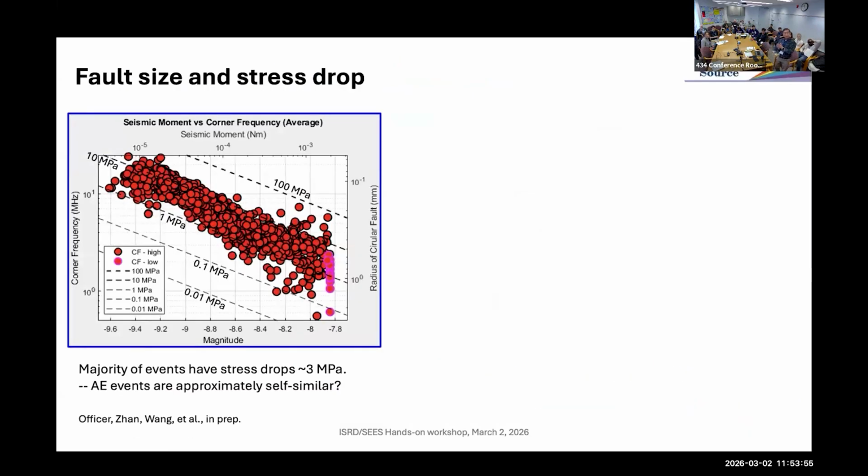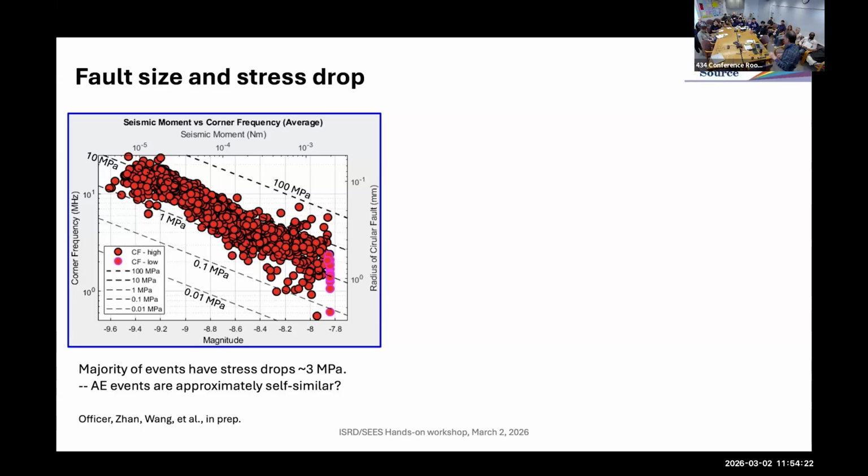And Tim also looked at these acoustic emission events and conducted a lot of coda wave analysis in collaboration with the seismologists at Caltech. Here, what he got is the corner frequency versus the moment magnitude of the earthquakes, or nano earthquakes in our experiments.